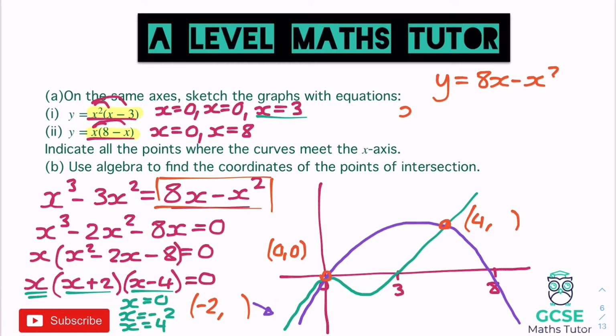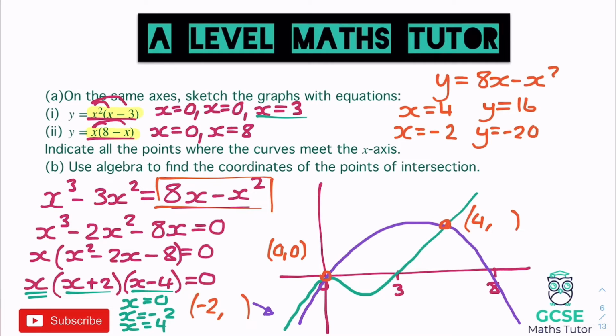Let's have a look. When x equals 4, we get 32 take away 16, so that's y equals 16. And when x equals negative 2, 8 times negative 2 is negative 16, take away negative 2 squared, which is 4. We're going to get y equals negative 20.